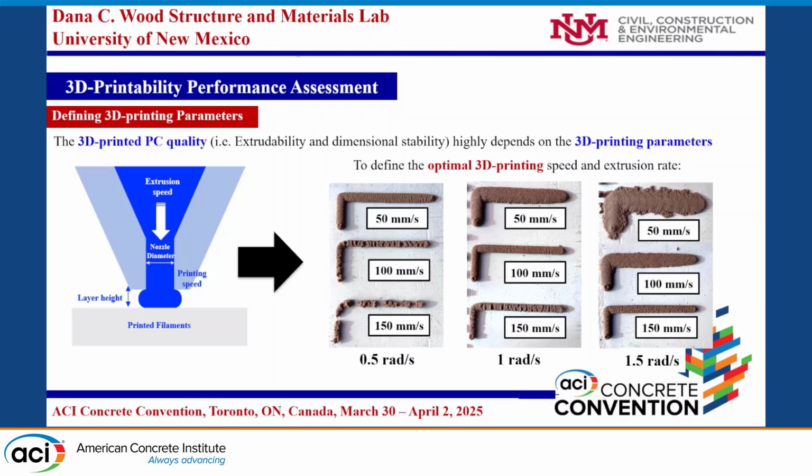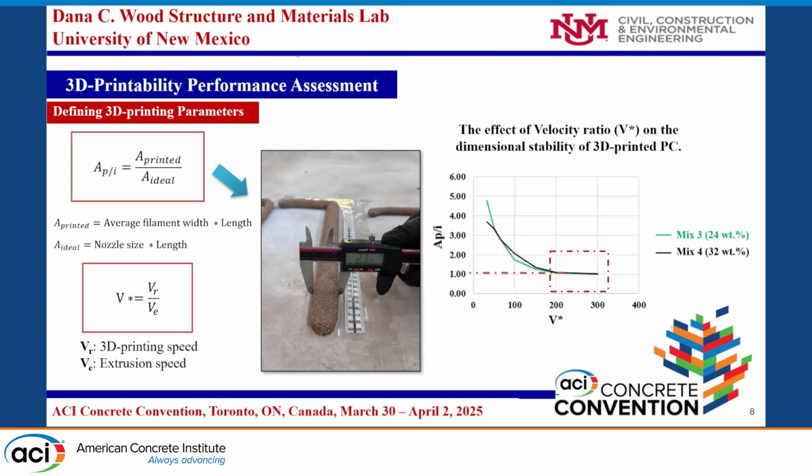We test at different printing speeds and extrusion speeds, and then we qualify and quantify this by measuring the change of area, or the ratio of the printed area to the actual designed, ideal area. And we plot it against a normalized velocity ratio of the 3D printing speed to the extrusion speed. Of course, values closer to 1 would give high dimensional stability.